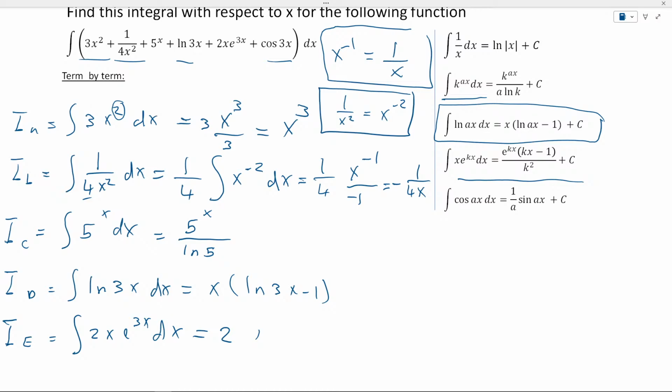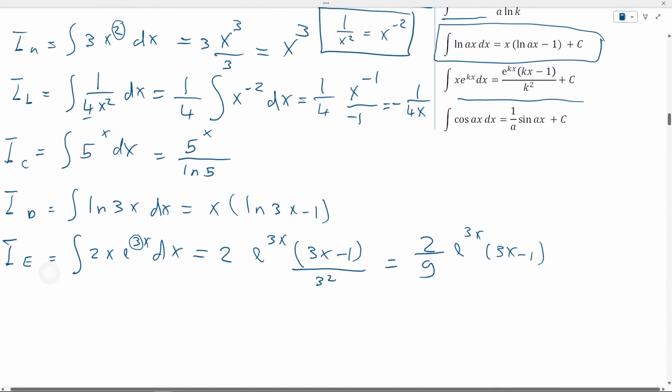That is e to the 3x, where k is 3, x minus 1, divided by k squared, so 3 squared. So what would I get here? Plus constant, of course, but I will ignore it, so I get 2 over 9 e to the power 3x minus 1. That's basically what I got.